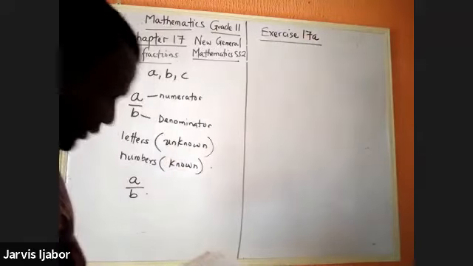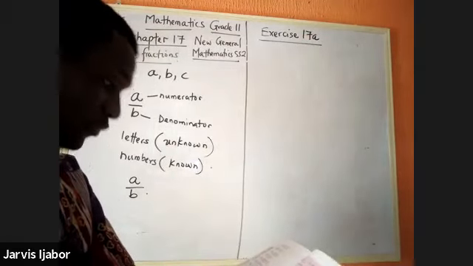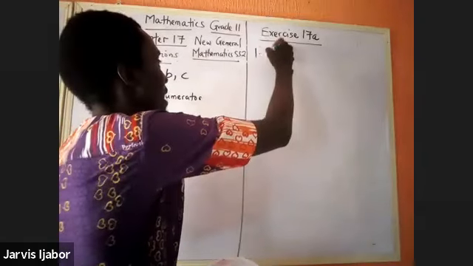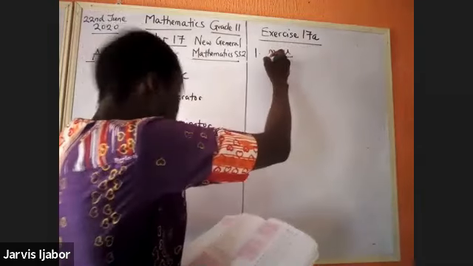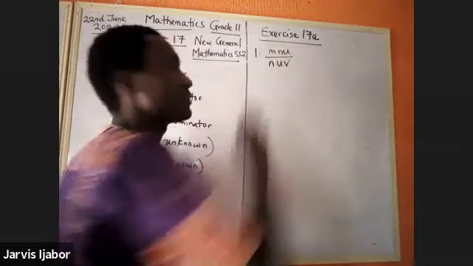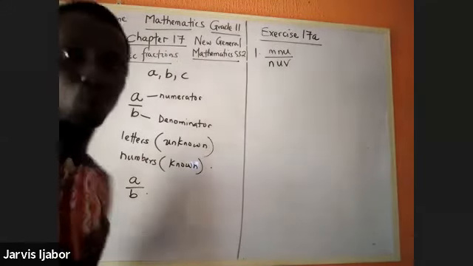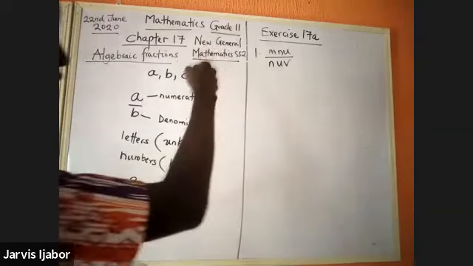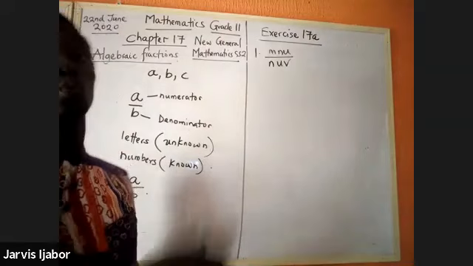Now, let's go to page 194 of your textbook. If you look at the first question, it says MNU over NUV. In this question, you're required to cancel out what is common, which is usually the normal thing when we handle fractions. We cancel out what is common and what we will not need.